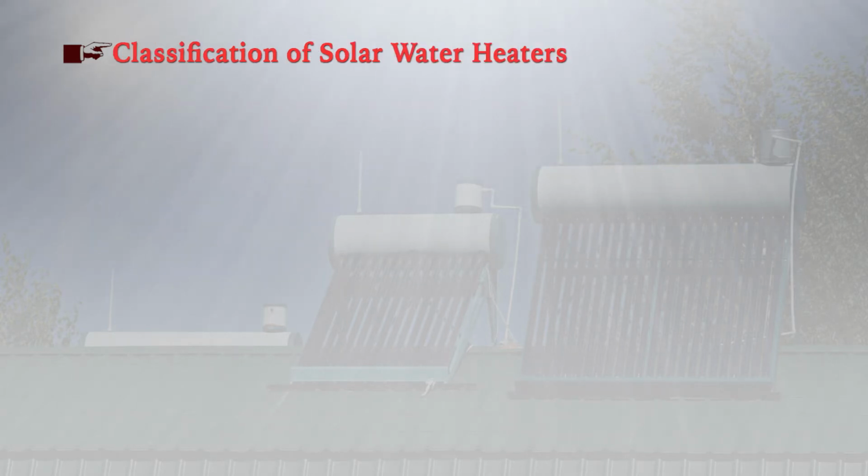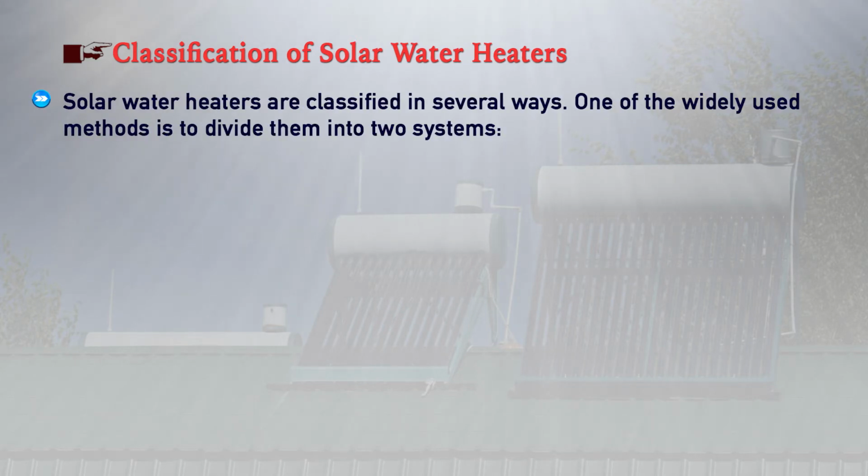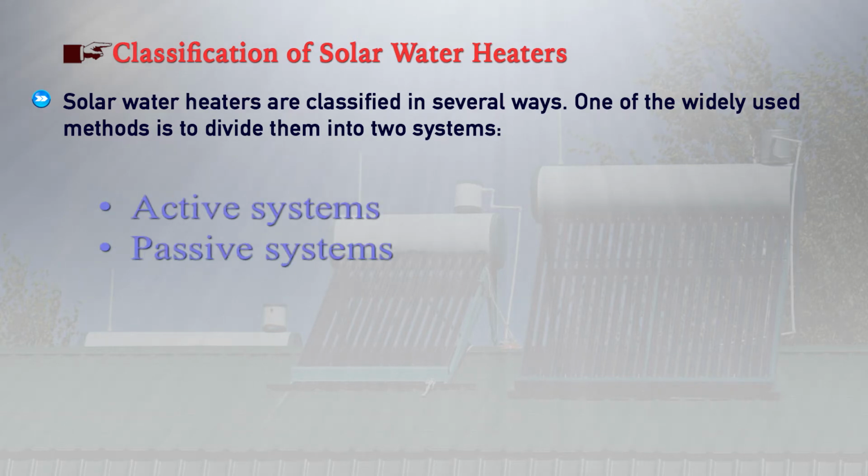Now we will discuss classification of the solar water heater. Solar water heaters are classified in several ways. One of the widely used methods is to divide them into two systems. One is active system and another one is passive system. Now we will discuss what is active system.